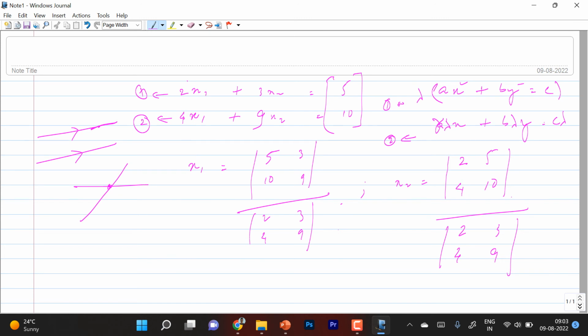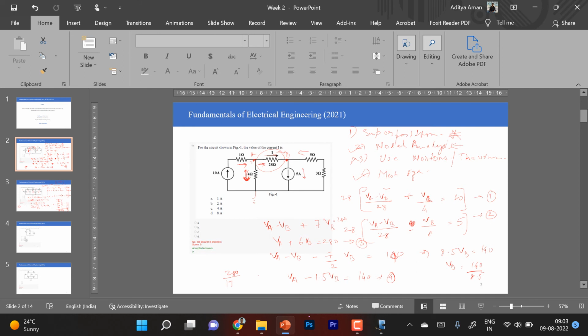So if you want to solve for x1, you just put the column 5, 10 over here, and then you divide it by the determinant, which will remain constant for all these variables. That is 2, 3, 4, 9, right? This is just for example. And then you can get the values of x1 and x2. Similarly, if you had a 3 variable system as you had here, or a 4 variable system as you had here. So here it was a 4 variable system, right?